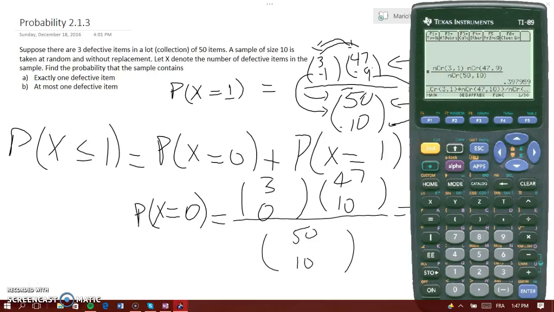That would be 47 and 10, and then that would be 0. Now we can press enter, and we get 0.504.